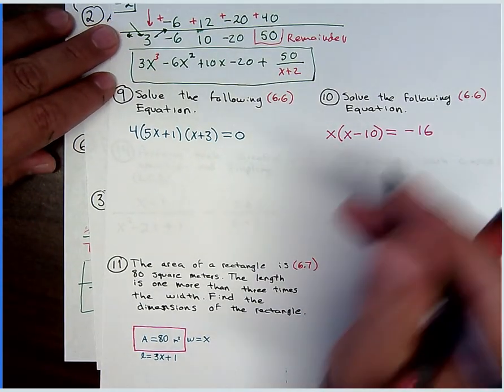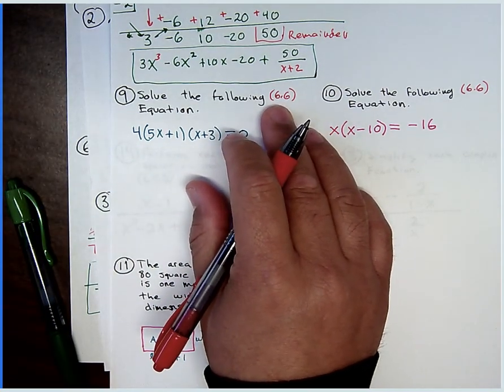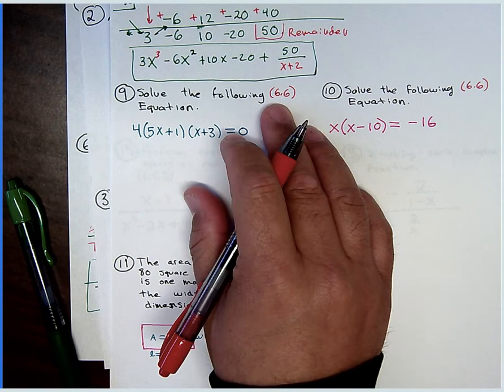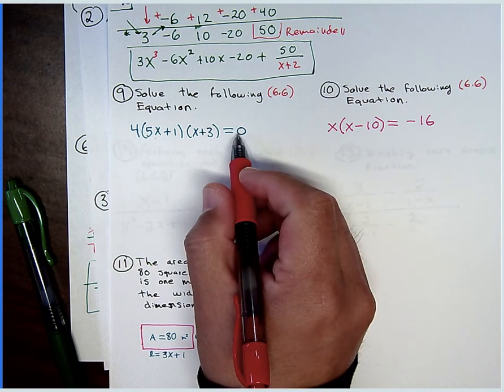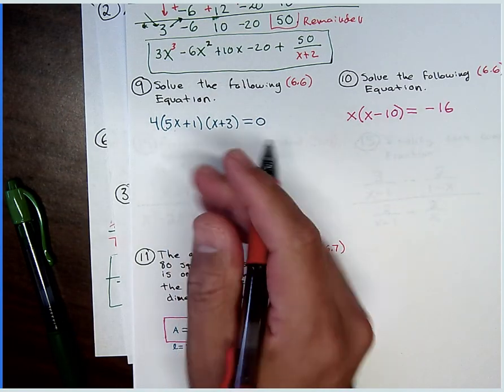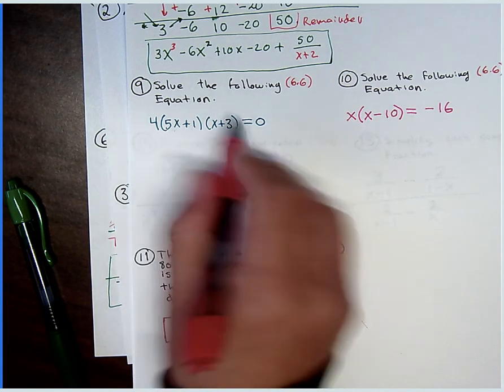Okay, solve the following equation. This is from section 6.6. Here, each of the factors we're going to set equal to 0, and then we're going to solve for x, and those are the solutions.